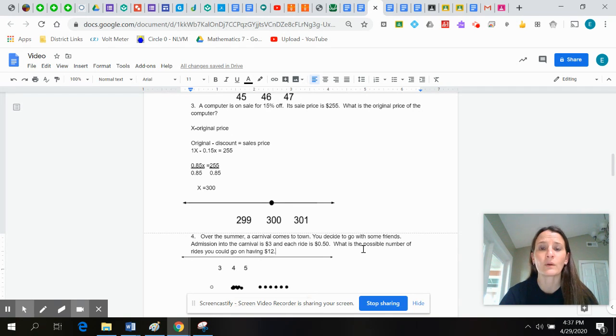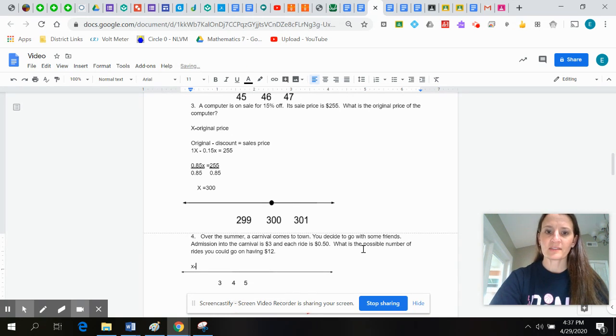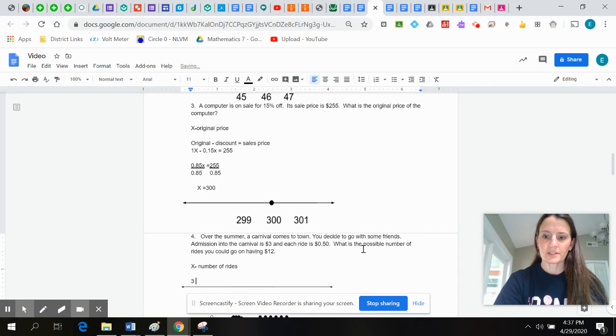So we're going to use an inequality to represent our algebraic model this time. Okay, so let's define our variable. x is going to be the number of rides we can go on. All right, so $3 to get in plus 50 cents per ride. And we have $12.